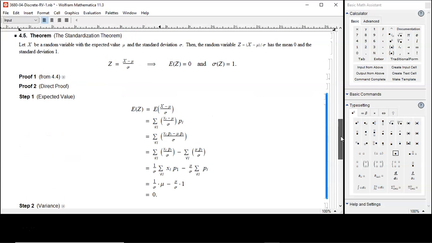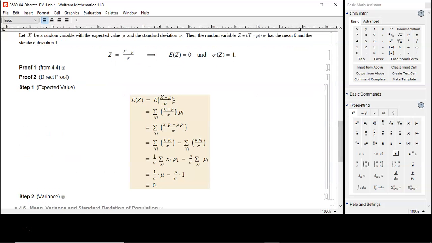Expected value, well, let's see. Expected value of this, so this expression times p_i, and this is h of x basically. And then let's manipulate. I can take sigma out, so let's put p_i in there. And then here I can take 1 over sigma out. What's left is x times p, and that's mu.